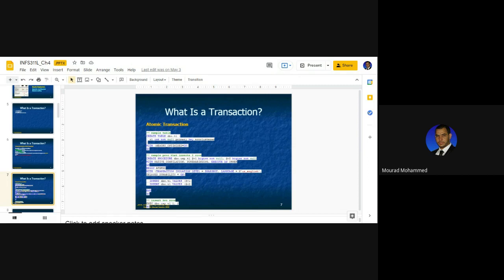Here in this atomic transaction we have two queries, insert and insert. The first insert and the second insert are both either to be executed in the same procedure or both cancelled. Either both or none.